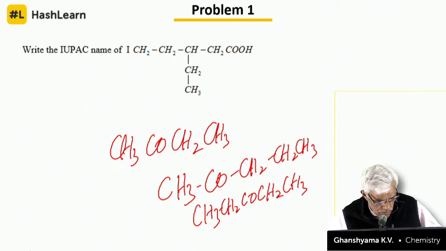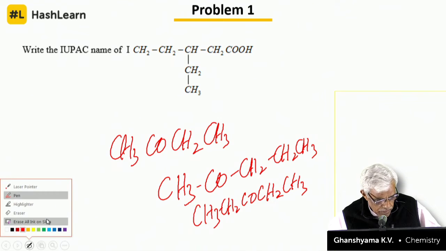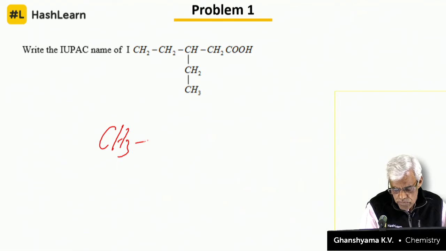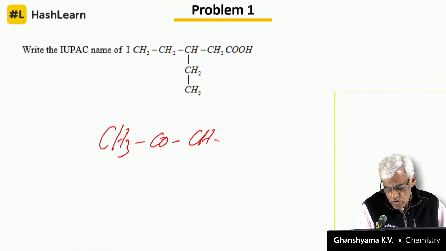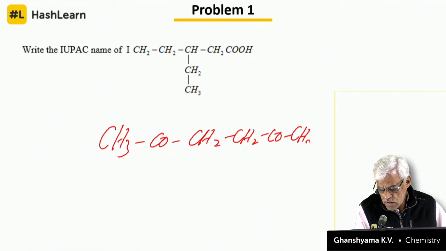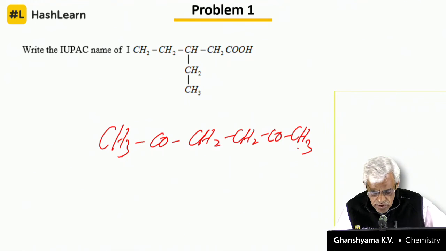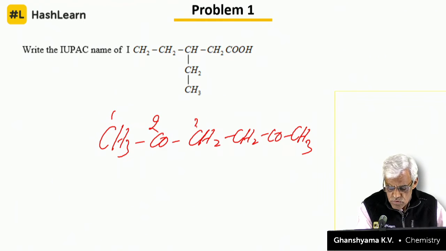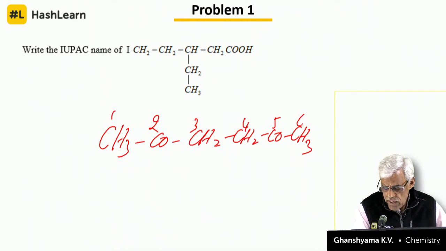Now I have a compound like this, CH3COCH2CH2COCH3. What is the IUPAC name of this compound? 1, 2, 3, 4, 5, 6.